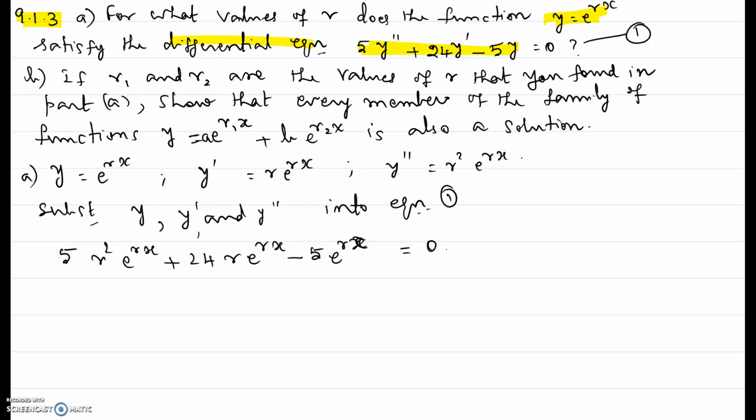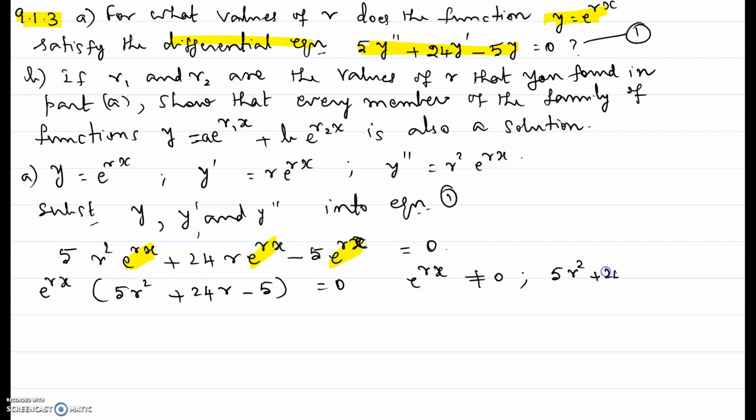Here you notice e to the rx is common, and it can be factored out. So it is e to the rx times 5r squared plus 24r minus 5 equal to 0. e to the rx can never be equal to 0 because it's an exponential function. So the only possibility is that 5r squared plus 24r minus 5 equal to 0.